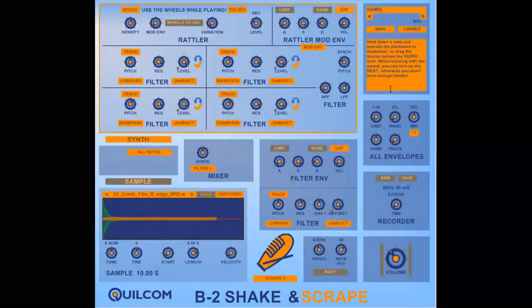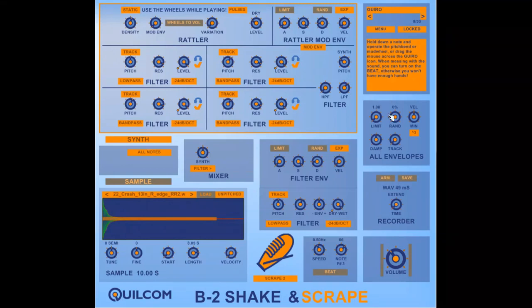So for something like a guiro, to create the sound, we press and hold a note on the keyboard and operate either the mod wheel or the pitch bend wheel, like that.